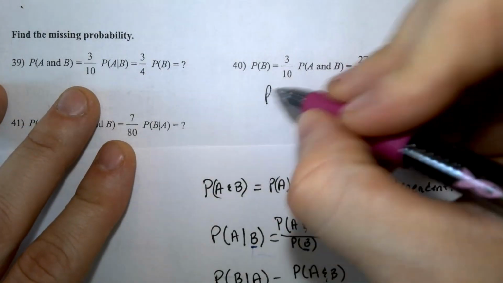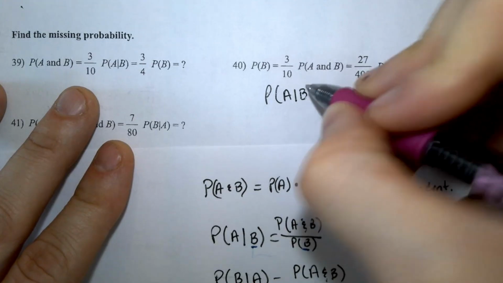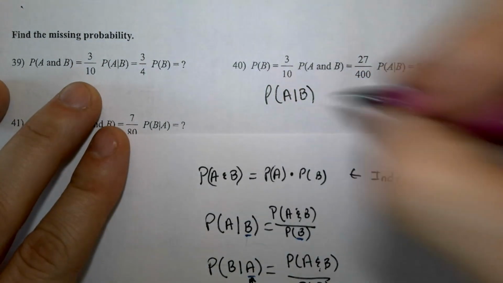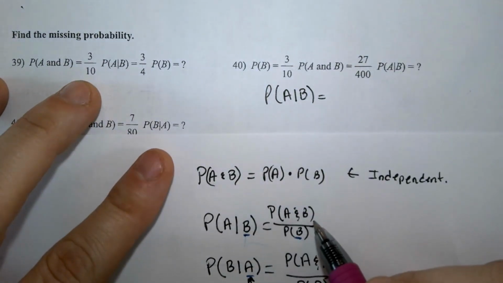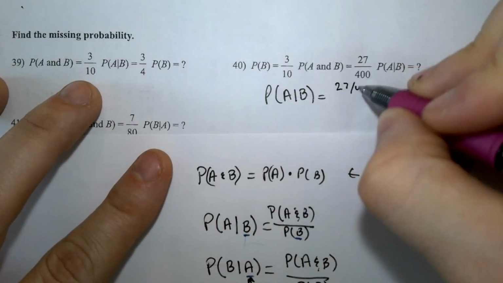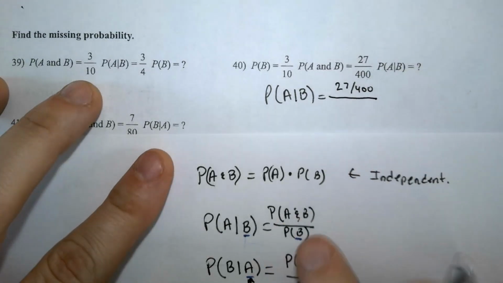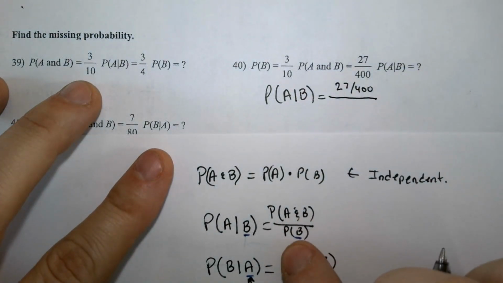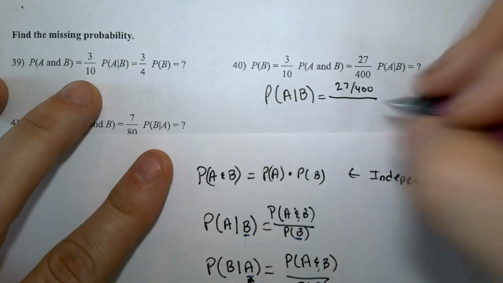So probability of A slash B, which stands for given B has already occurred, will equal probability of A and B over the probability of B. Probability of A and B is 27 out of 400 over the probability of B, which is 3 out of 10.